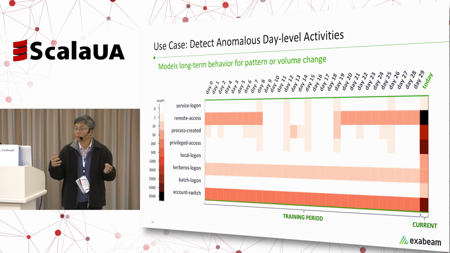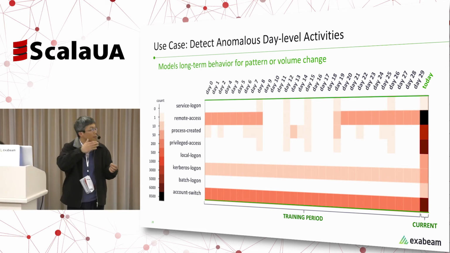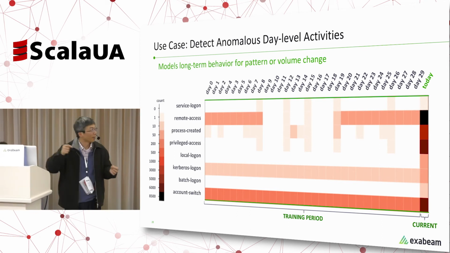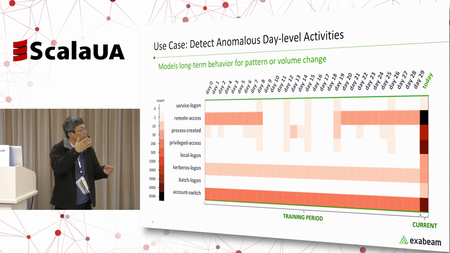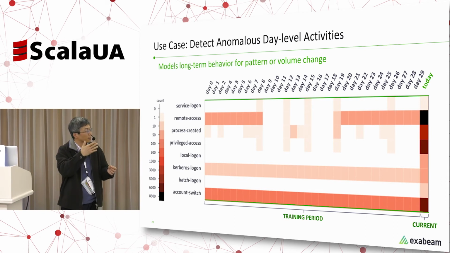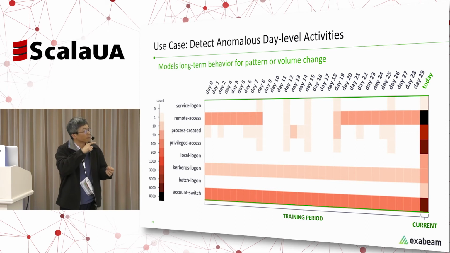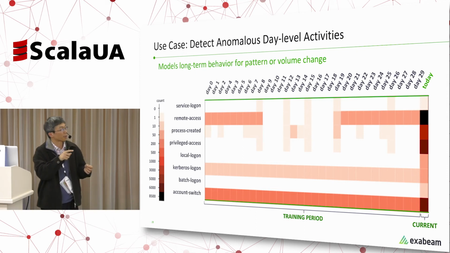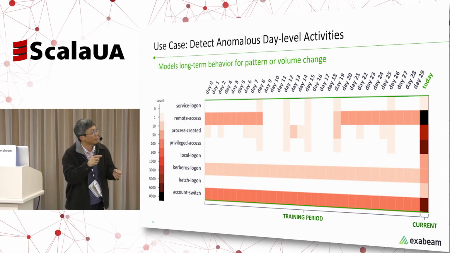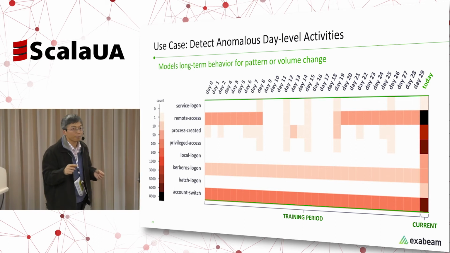Now on the screen here, each row describes a type of activity this user has done. For the columns, you can see that the user activity spans from day 0 to day 29.